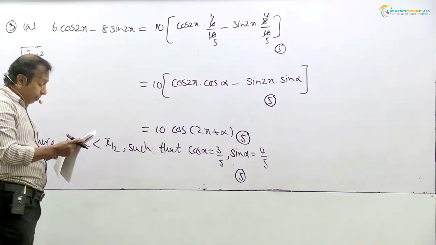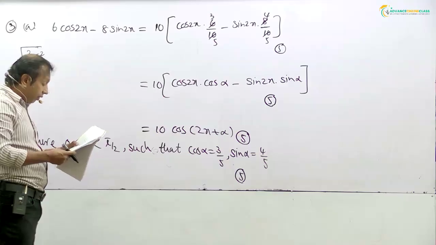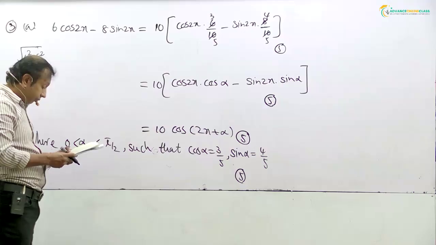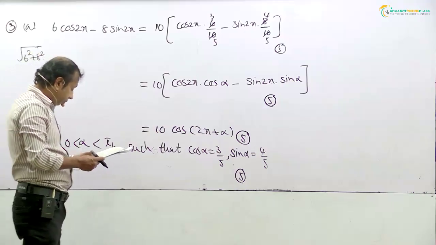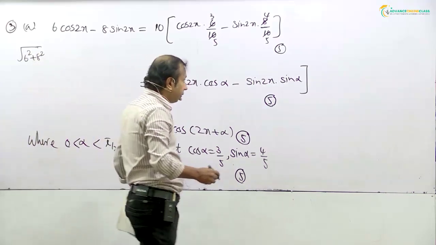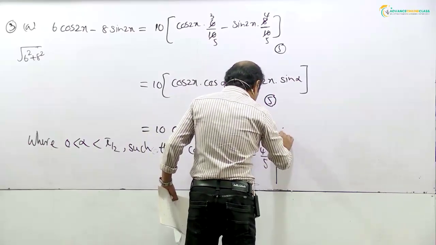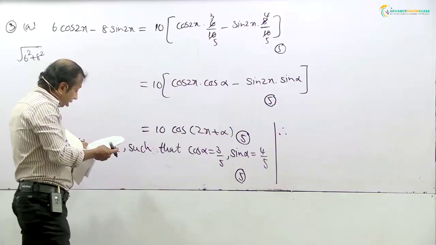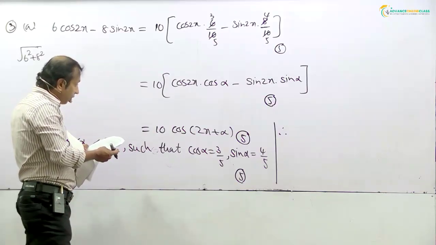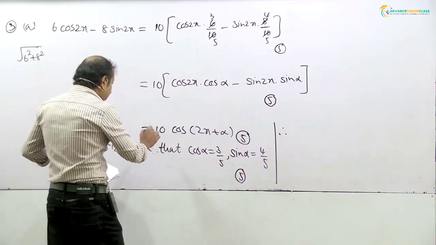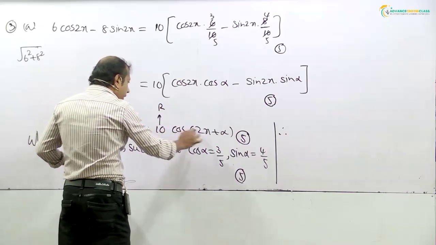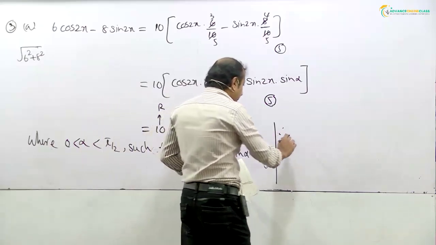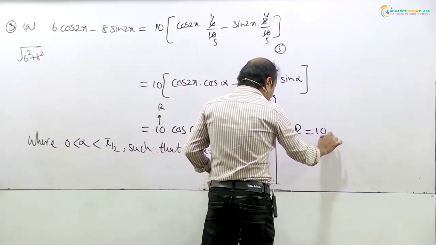There you must find R and alpha. Alpha we found. The question is asking to write this in terms of R cos(2x plus alpha). This is our R, this is our alpha. Then finally you have to write: therefore R is 10.